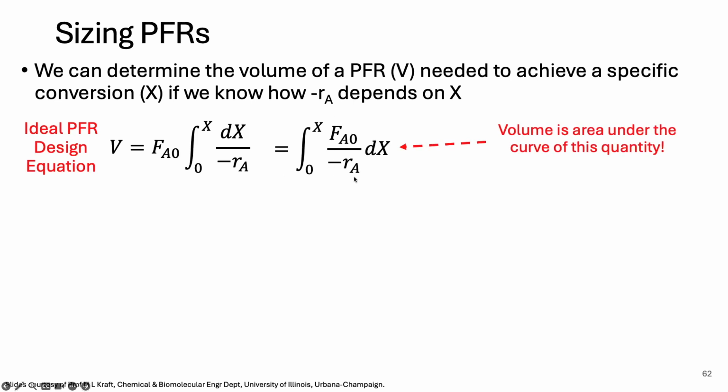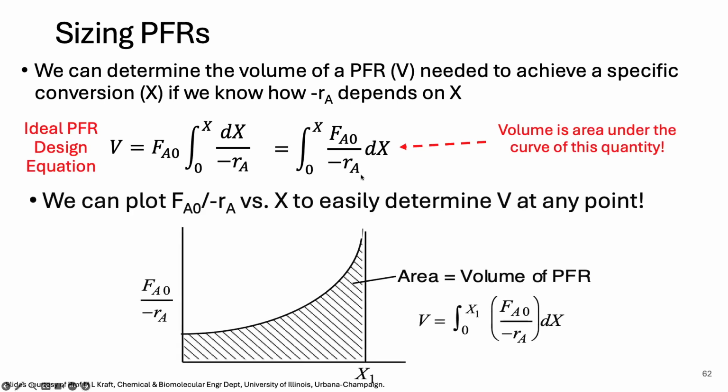So rather than creating a rectangle as a product of the x-axis and y-axis lengths, now the area under the curve is what's equal to the volume of the PFR.